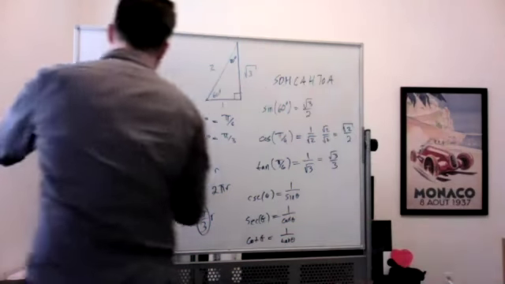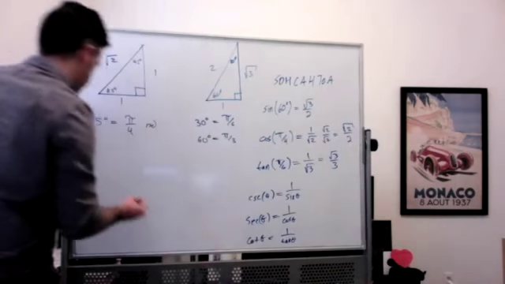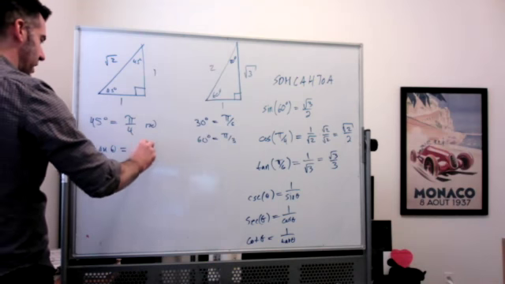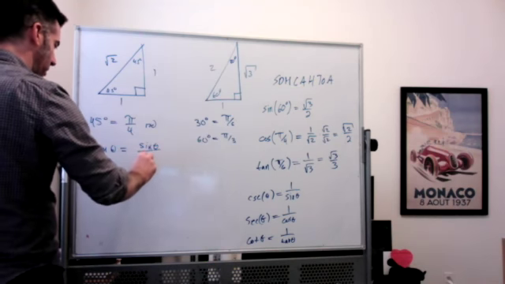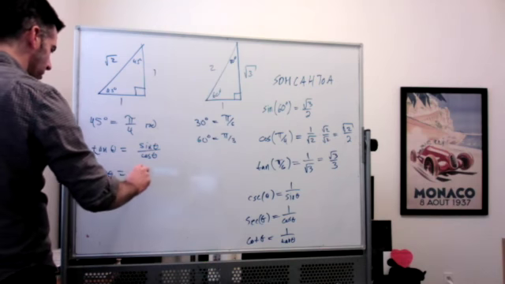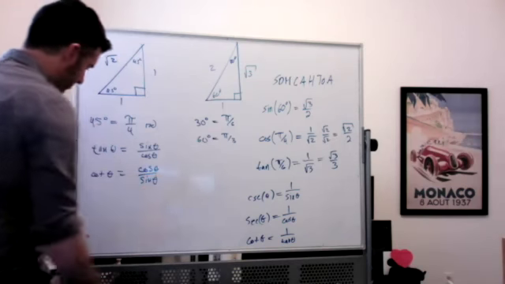Other ways to remember it, probably more normal ways, are that tangent of theta can also be thought of as sine of theta divided by cosine of theta, and cotangent of theta is the reciprocal, which is cosine of theta divided by sine of theta.